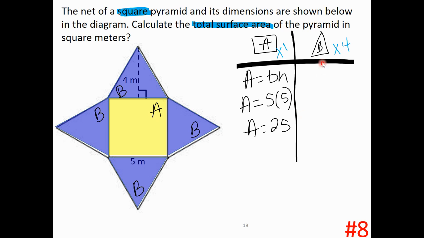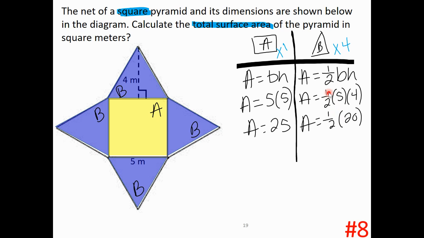There's only one. For the triangle, we're going to get the triangle formula, 1/2 base times height, and then we're going to substitute in. Again, we're looking for that right angle. The base we know is 5 because it's part of the square, right? And the height is 4. So solve it however you would like to. I did 5 times 4 is 20.